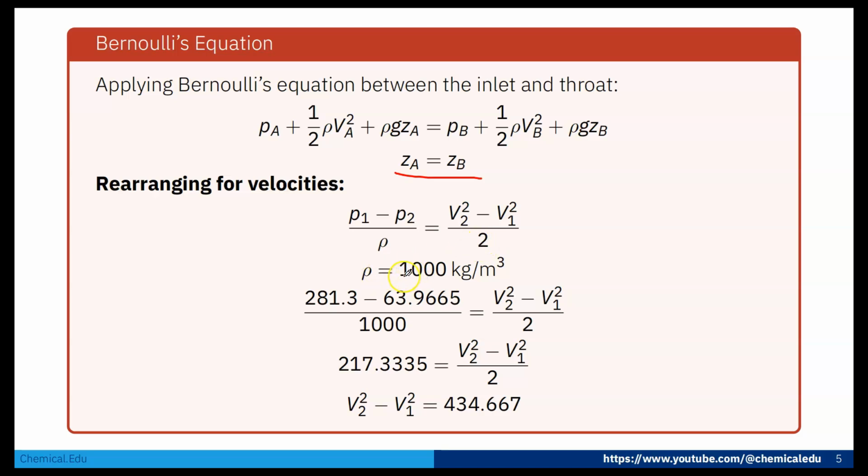Now rho is 1000 kg per meter cube, and P1 is 281.3 and P2 is 63.9665, by 1000, equals (V2 square minus V1 square) by 2. Now finally, if we simplify, V2 square minus V1 square is equal to 434.667.